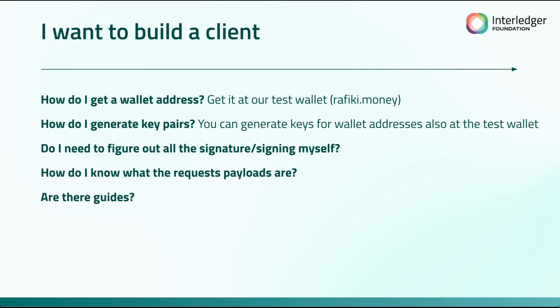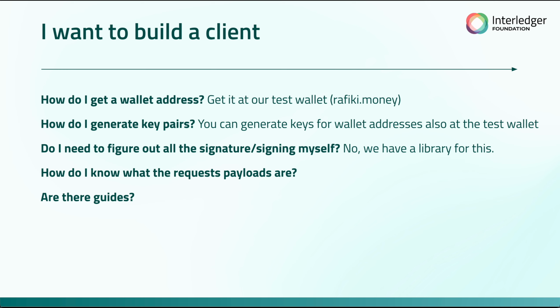How do I generate key pairs? Again, you can go to Rafiki Money and generate particular keys for the wallet addresses you have created in the UI as well. Do you need to figure out all the signature stuff? No, we have a library that handles all the signing of the request as long as you provide the key.